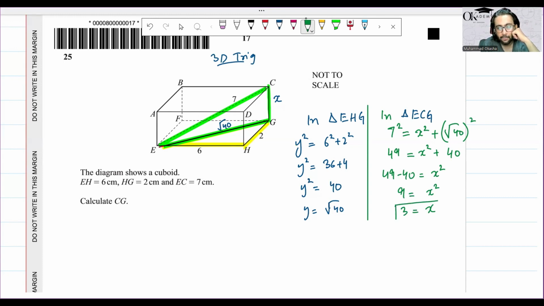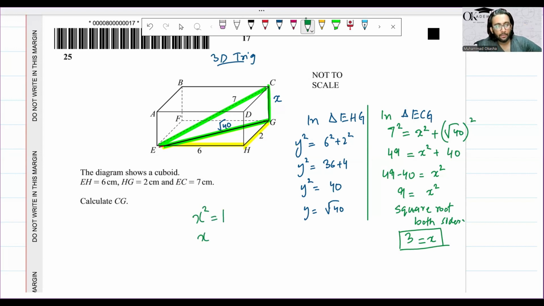Now you might be wondering, if I square root both sides, let me do it step by step for you. If I square root both sides, I'm going to get x is equal to 9. X is equal to 3. Now, why did I not, right? You might be saying, sir, previously when you did x squared is equal to 1, when you square rooted both sides, you got plus and minus 1.